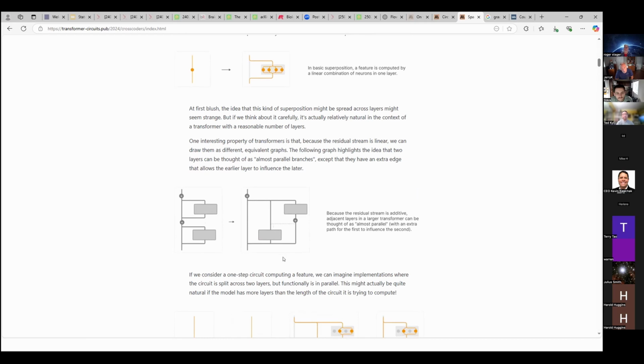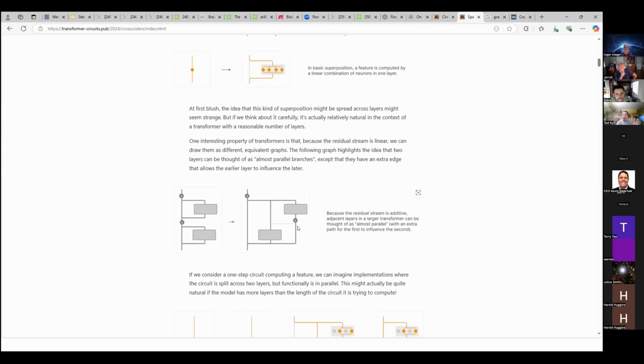Maybe it's not identical, but anyway, the point is you can think of these two components as largely working in parallel. Now, it is entirely possible for them to work serially, where there's this dotted line connection that goes from the output of the first one to the input of the second one.